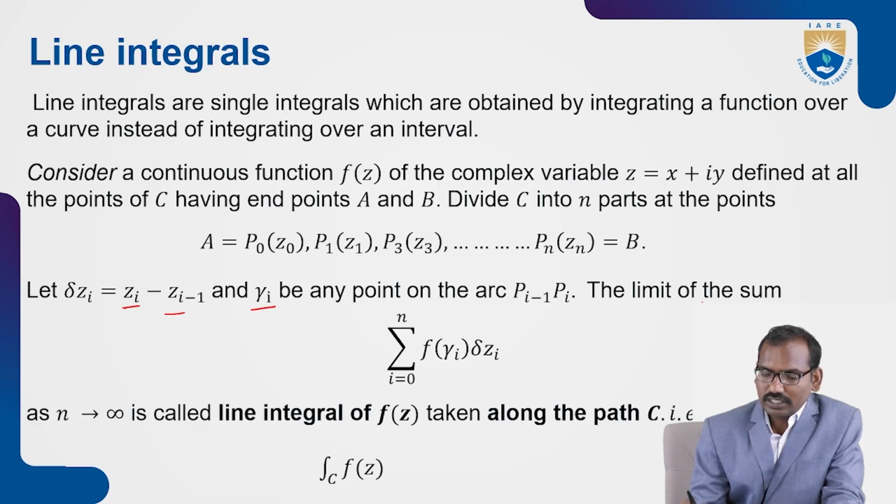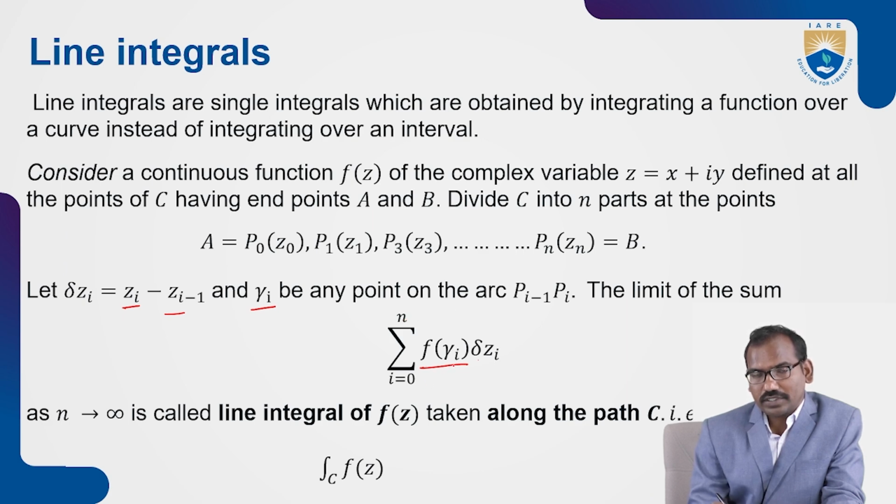So in this case, the limit of the sum: we are taking f of gamma i, where gamma i is any point on the arc, and delta zi. So we are multiplying these two. Here the subscript i is there, and we are taking this product for i equal to 0 to n. So this is the sum.